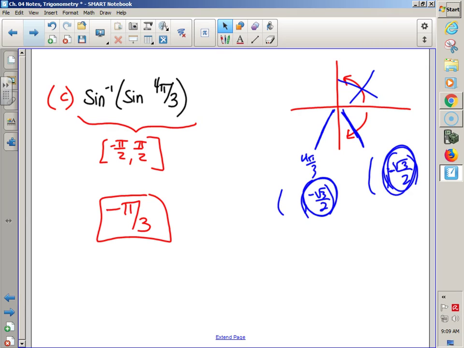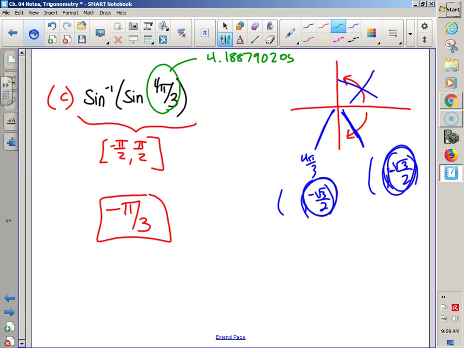Your answer is negative 1.04719. It's not 4.188. This little guy right here is 4.188790205. But when you solve, you end up with negative 1.047197. Those don't match. You can't just cross out.